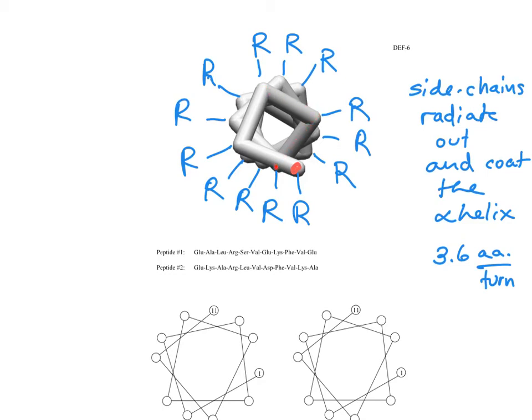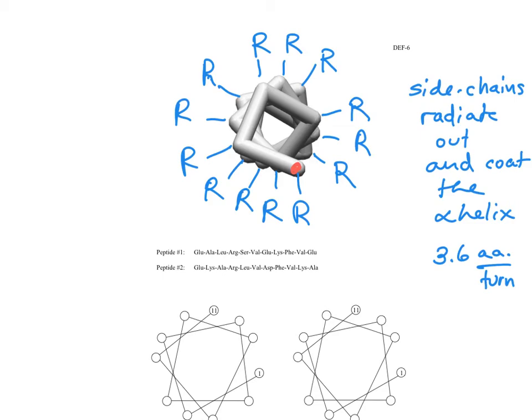Now if we go to 4, we've gone too far from where we started. So we go 1, 2, 3, and then about maybe 2/3 of the way over, 3.6 right there. That's what we mean by 3.6 amino acids per turn. It's not quite an exact integer, but that's okay. And that's going to be a useful number for us.